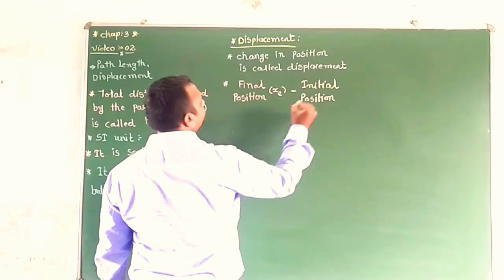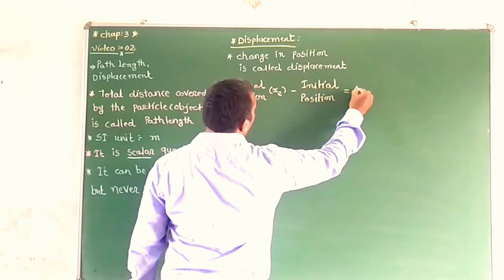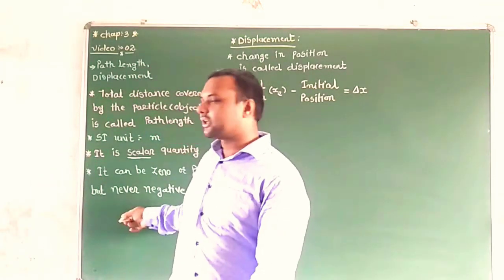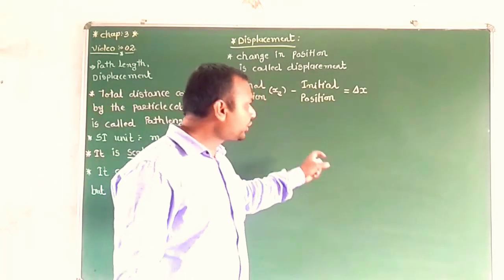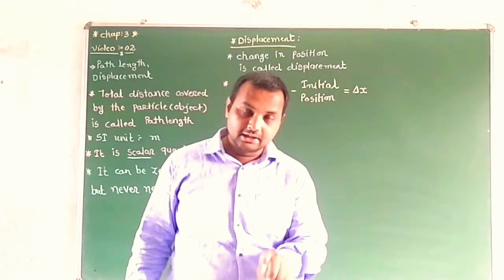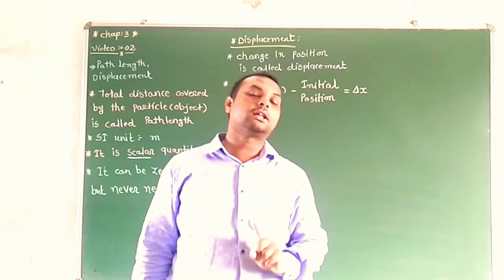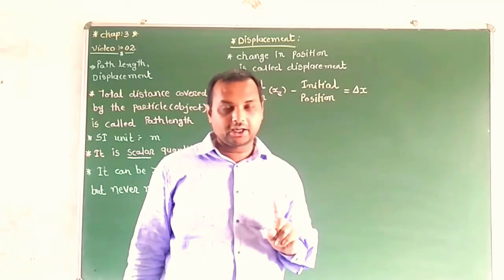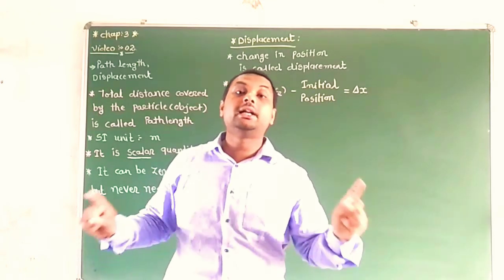That is so called displacement, and that is indicated by delta x. This also can be indicated by delta x. But you have to mention we are talking about the displacement or path length. Okay, by the indication there is no any difference.